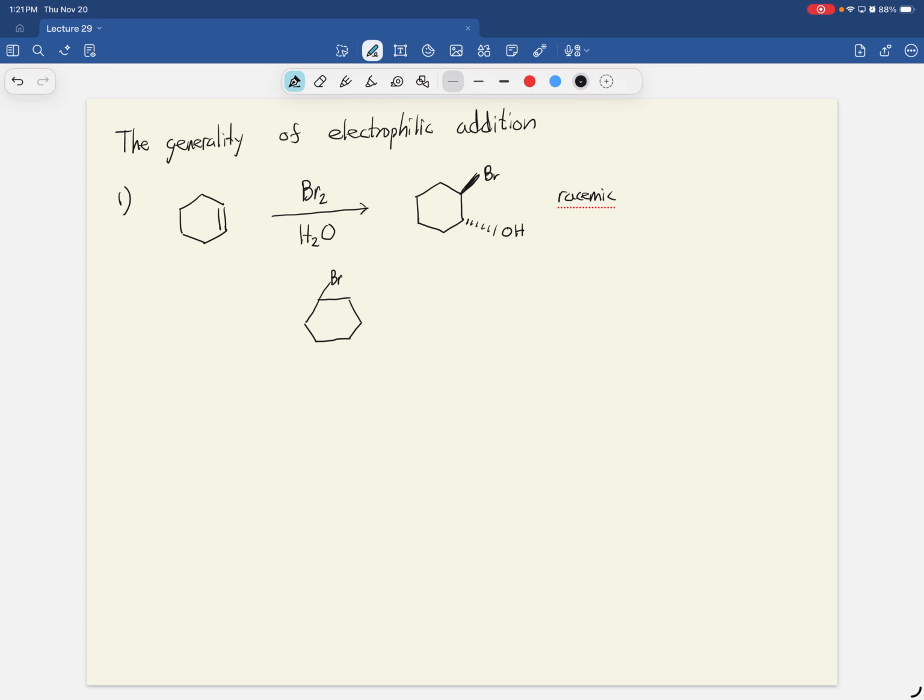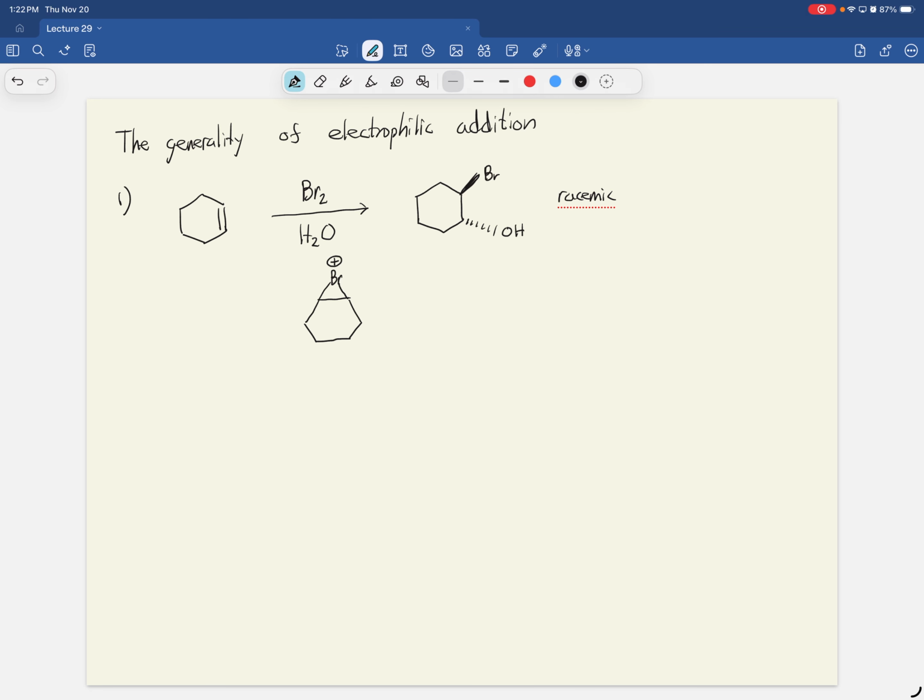So let's just say it's going to attack bromine right here, okay? All right, remember when we had a charged epoxide? Usually those were kind of acidic conditions, so even a neutral nucleophile like water can open it, all right?